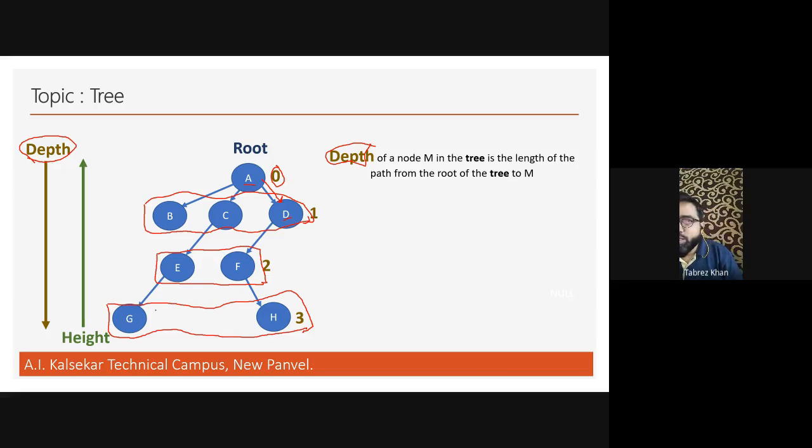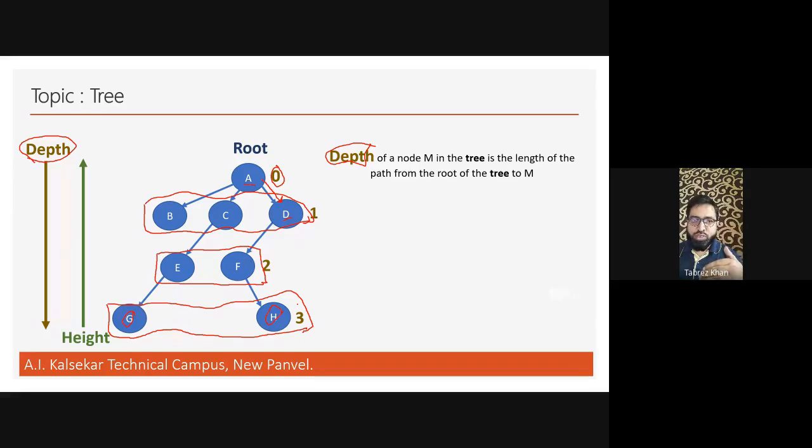So if you find the path from the root node to node G, the length of that path is the same as the length of the path to H, because they are on the same level. That is important to understand. The level of the root is always 0.